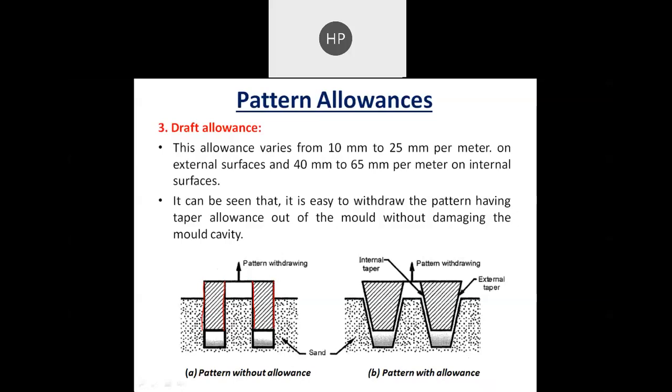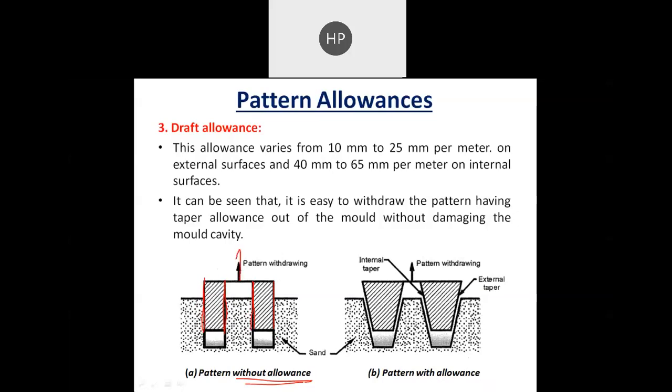Now here you can see this is the pattern without allowance. Without allowance means this vertical face is made straight. Now this pattern is fixed into the sand, and you want to remove that pattern in this direction.